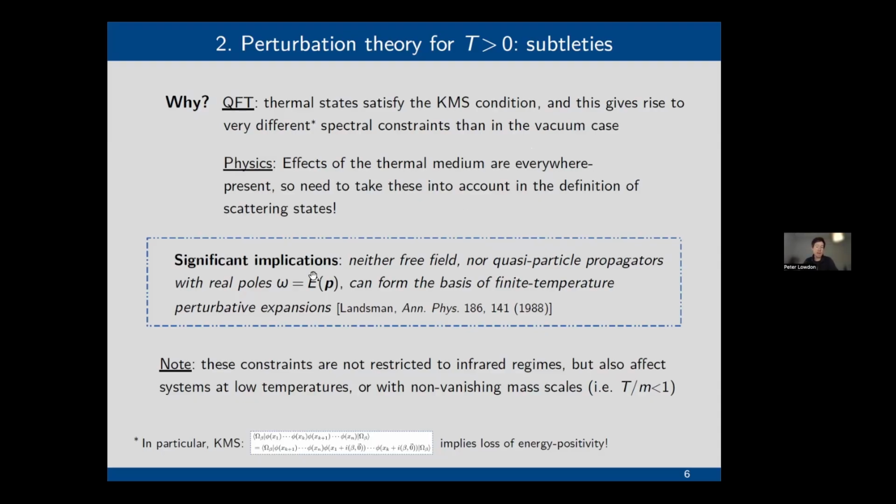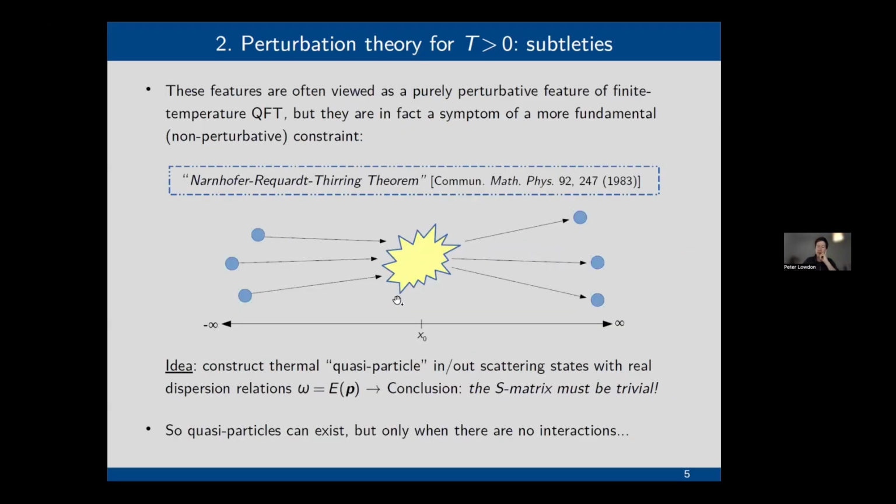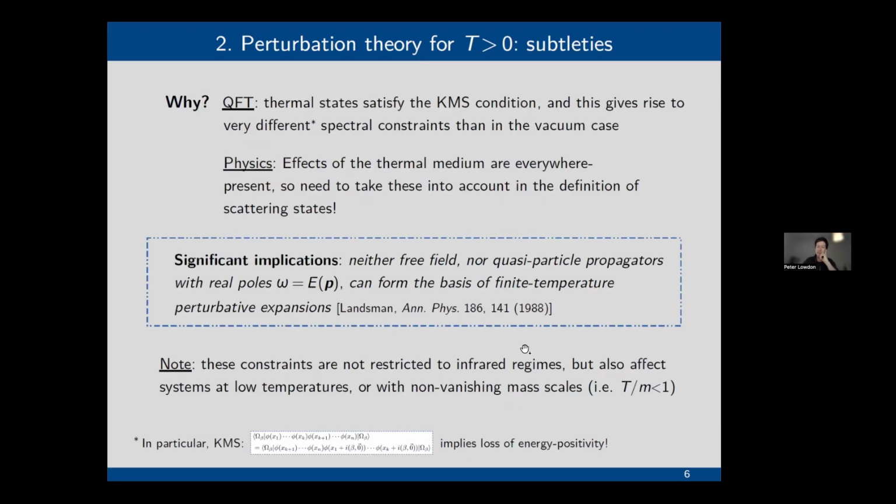So this, of course, has huge implications, or significant implications. And this is noted here. If people haven't read it, I really recommend checking out this paper from Landsman from '88. And basically, it means that if NRT is to be believed, you can't do perturbation theory with either free field propagators or quasi-particle propagators with a real pole. Because if you do that, then you're immediately confronted with this issue that the scattering matrix must be trivial in your theory.